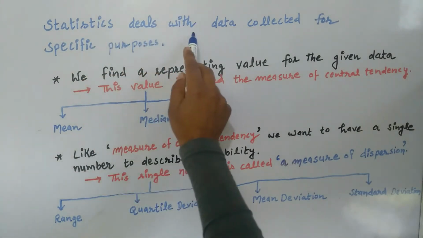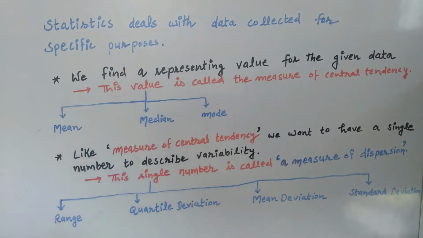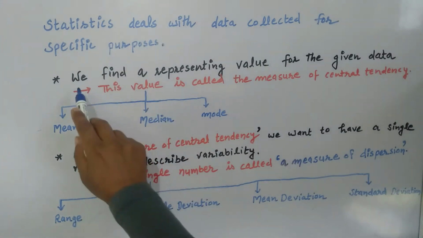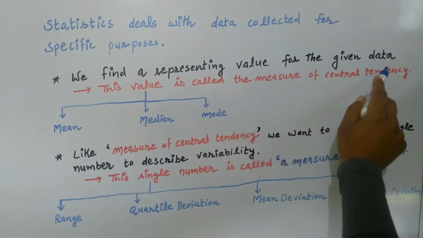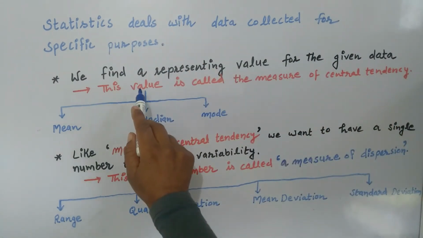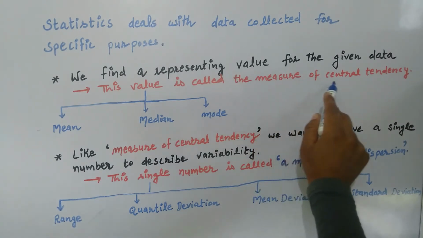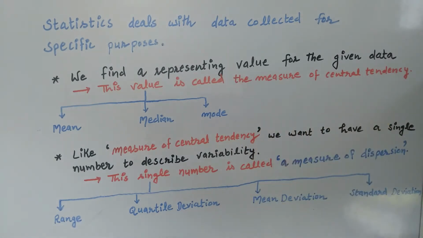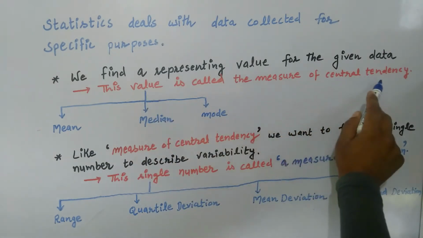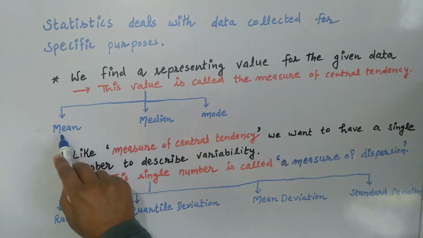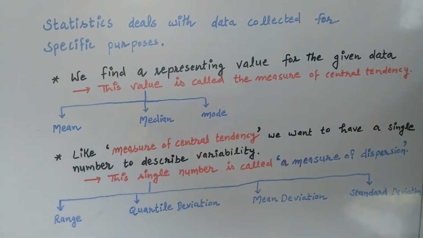Once again, what is statistics? Statistics deals with the data collected for specific purposes. Here we find a representing value for the given data, also called the measure of central tendency. The main points are mean, median, and mode.